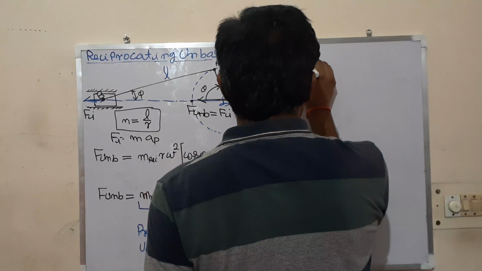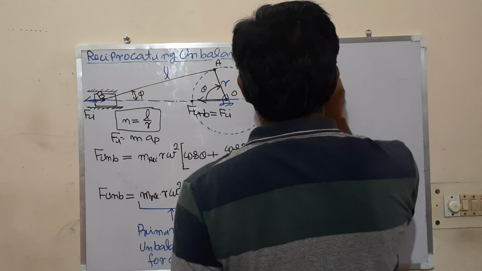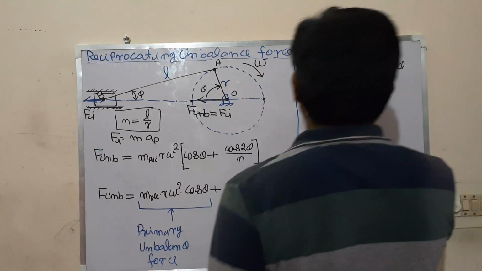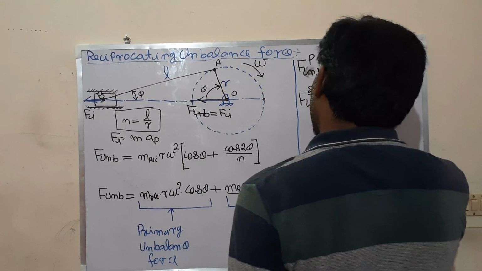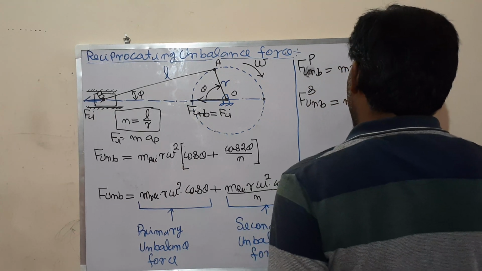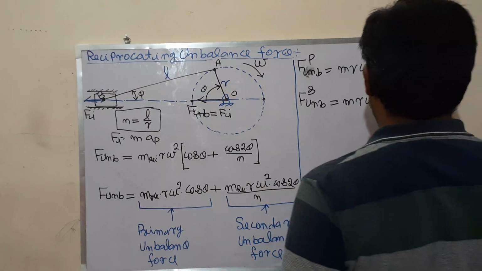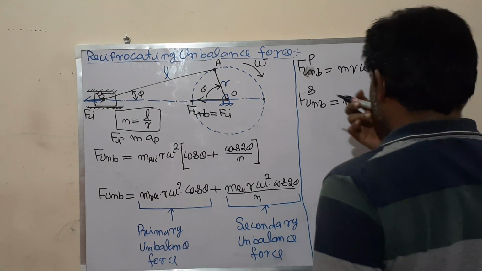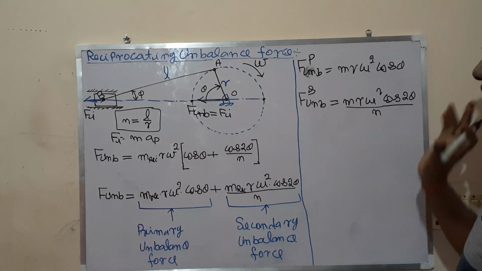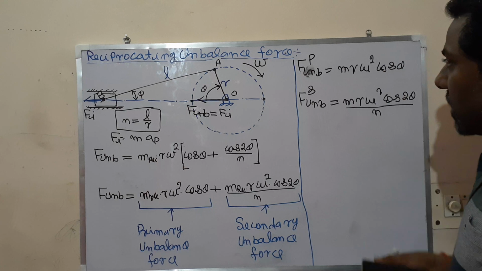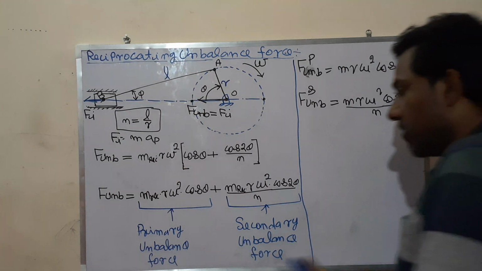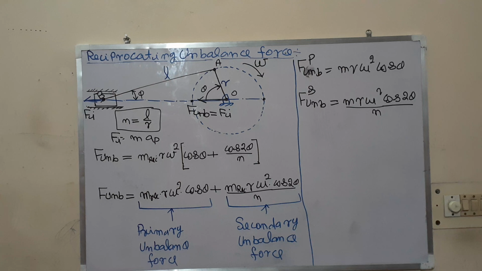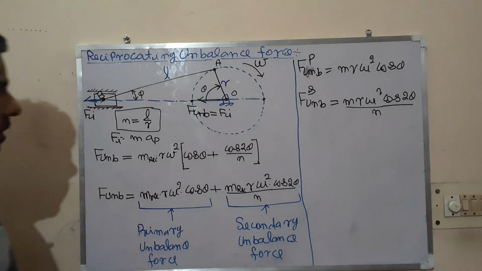Our primary unbalanced force is equal to m r omega square cos theta, and the secondary unbalanced force is equal to m r omega square cos 2 theta divided by n, where m is the mass of the reciprocating part, mrc. I am not writing it repetitively. So the total net unbalanced force is classified into two parts, and both should be balanced.